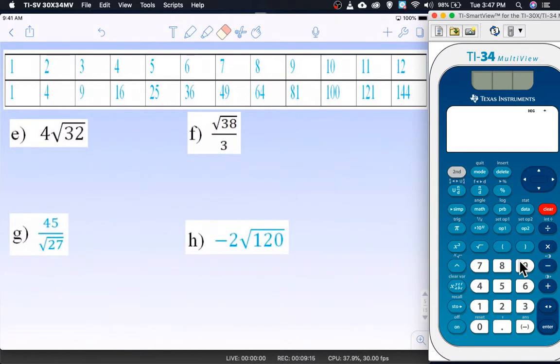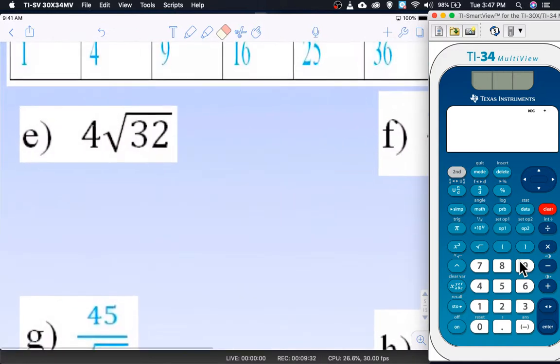Now, I have some expressions. We are still not using a calculator, even though the expressions look ugly now, because we can use our brains instead of our calculator to do the same math. So letter F says 4 times the square root of 32.